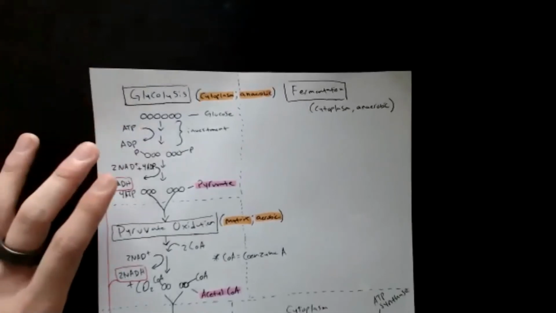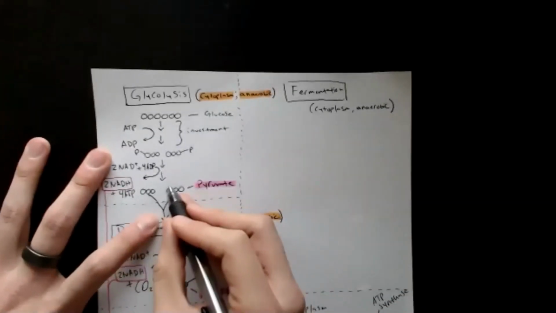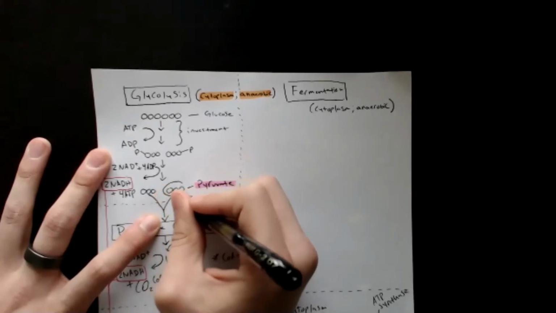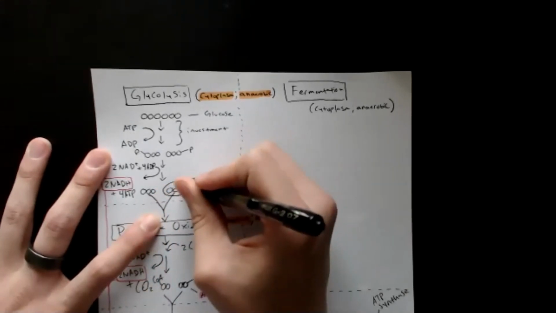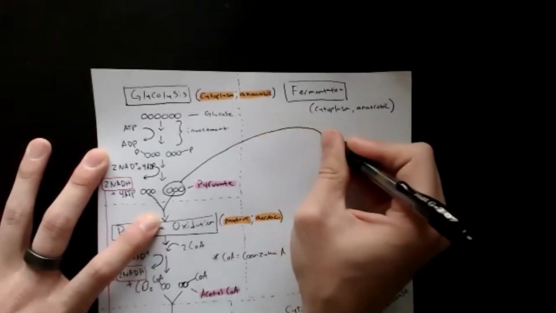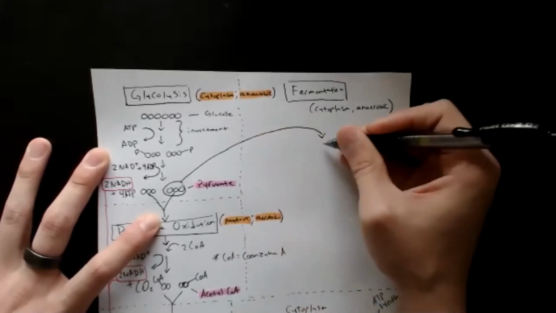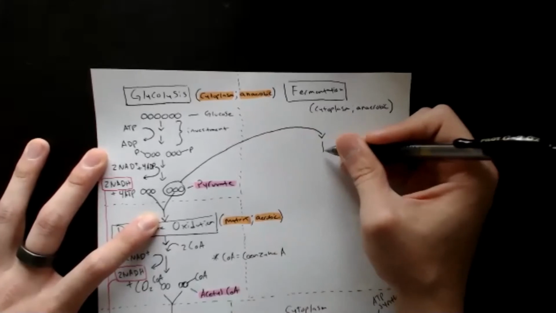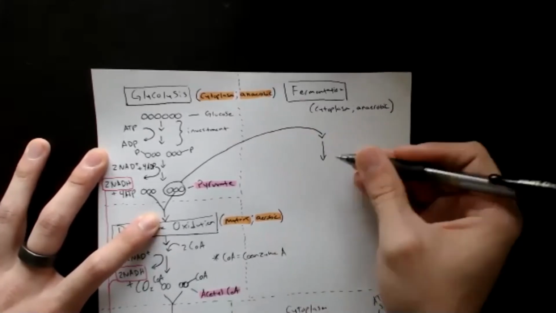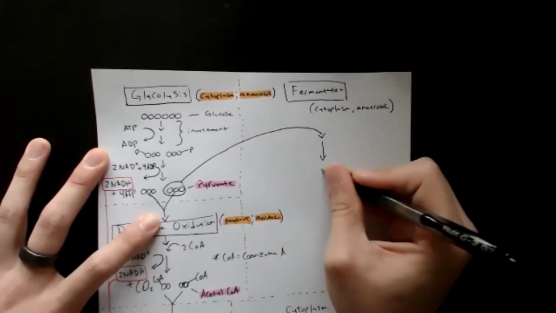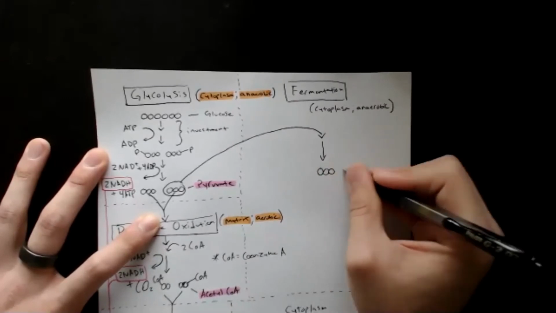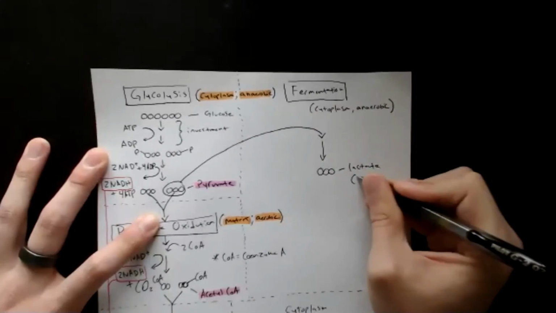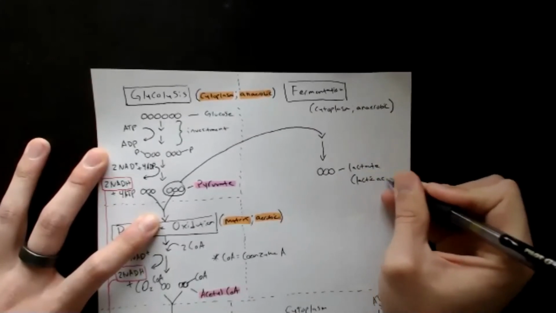And it's a quickie. So let's just highlight one of our pyruvate molecules, because we know that's what we're using for it. And so in humans, we're making lactate. Some people call it lactic acid.